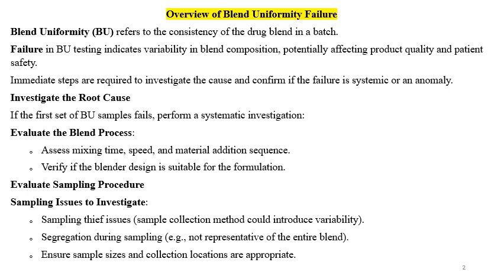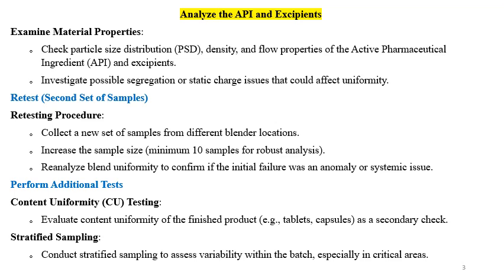Segregation during sampling means the sample is not representative of the entire blend. This problem may lead to sampling issues. Ensure sample sizes and collection locations are appropriate. Sampling issues are required to be investigated thoroughly.